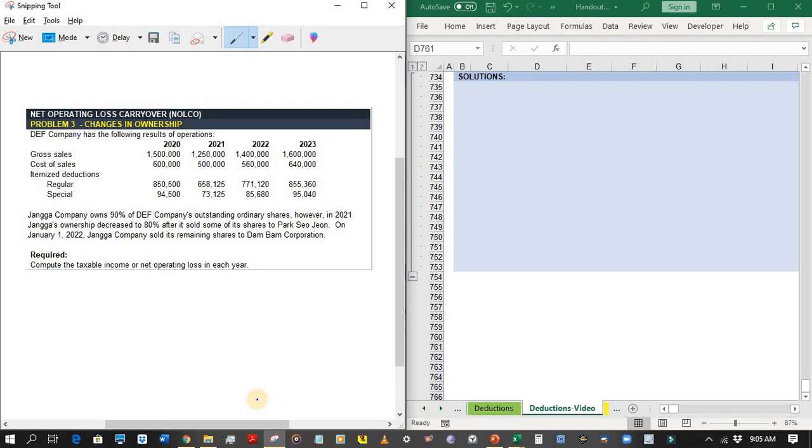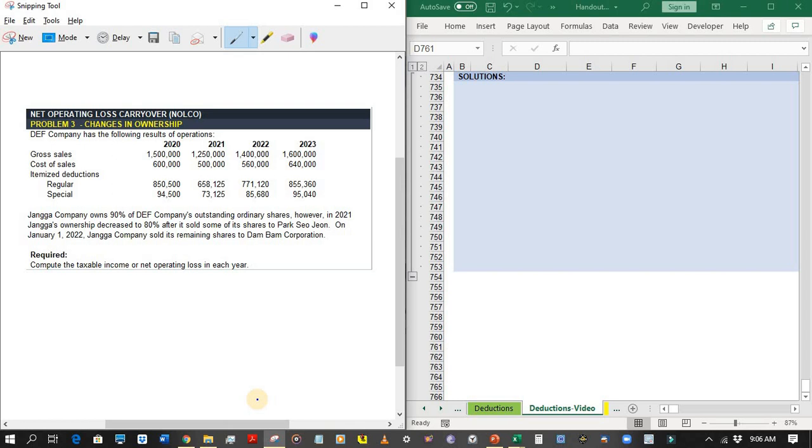So let us now proceed to the last problem for net operating loss carryover. So this is focused on the changes in ownership. So DEF company has the following results of operations. So our taxpayer is DEF company. So Janga company owns 90% of DEF company's outstanding ordinary shares.